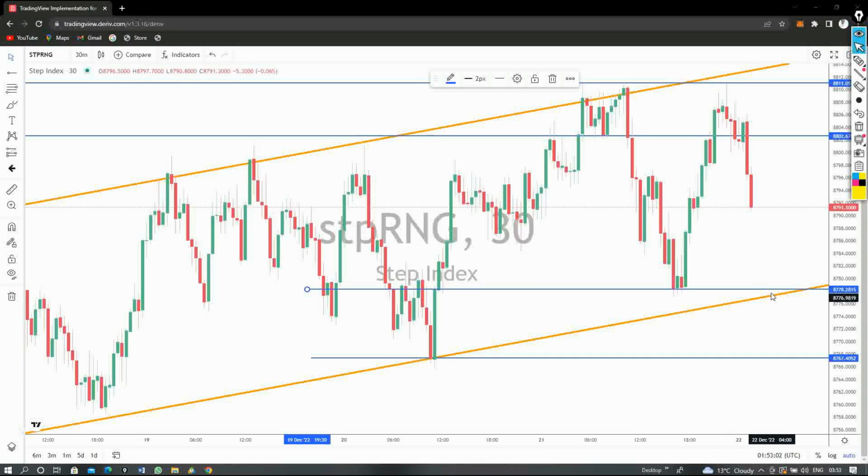Once it breaks this level, that's our entry point. When it turns into resistance and then starts rejecting for long, that's when we are gonna enter. That's the best entry, because when you enter when the market is reversing, that's when you know your entry is the best.